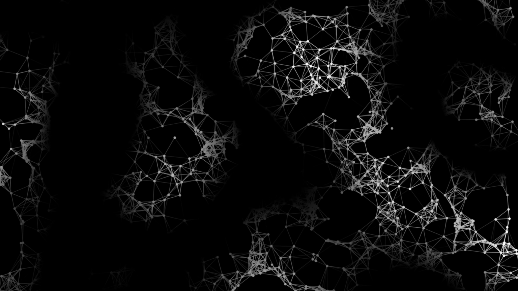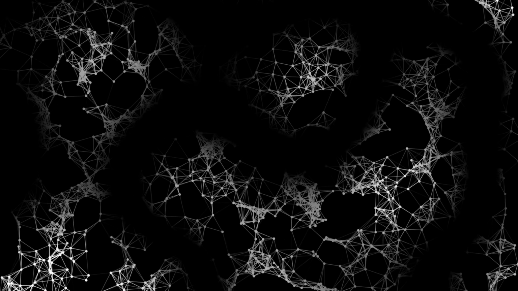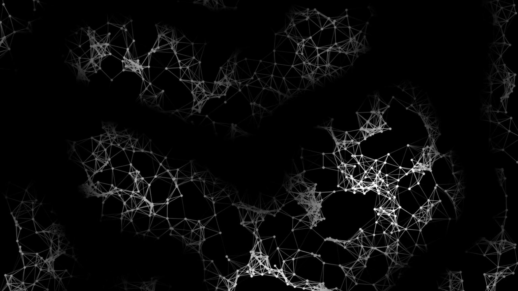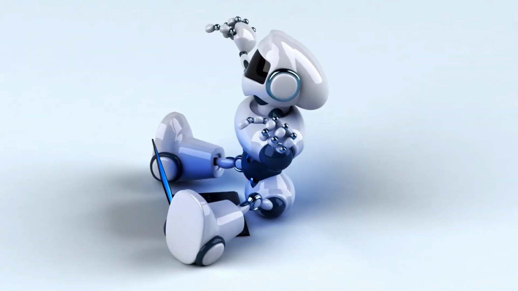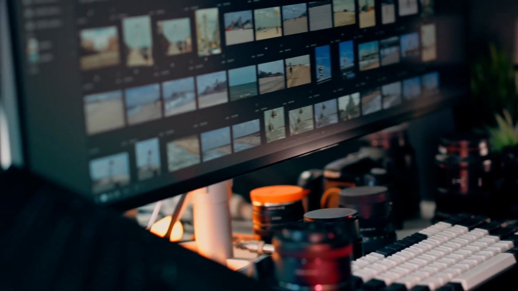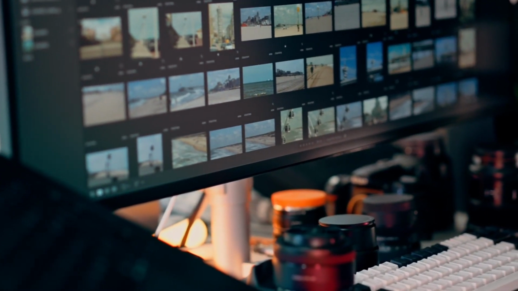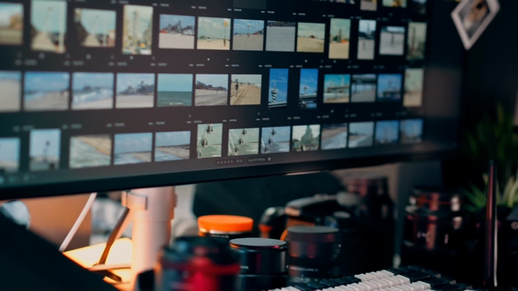Scientists realized that instead of teaching computers every single rule, maybe computers could learn patterns from examples. This idea created machine learning. Instead of programming every decision manually, humans provide large amounts of data and examples. The system analyzes this information and discovers patterns that help it make predictions.